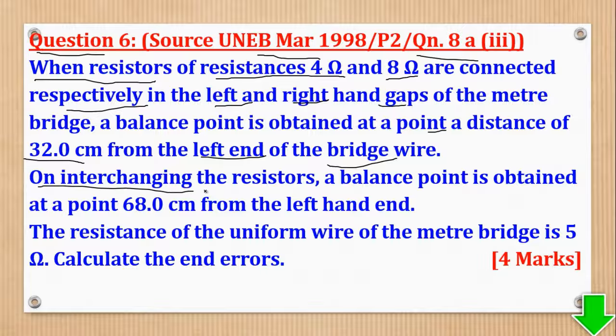On interchanging the resistors, a balance point is obtained at a point 68 centimeters from the left hand end. The resistance of the uniform wire of the meter bridge is 5 ohm. Calculate the end errors.